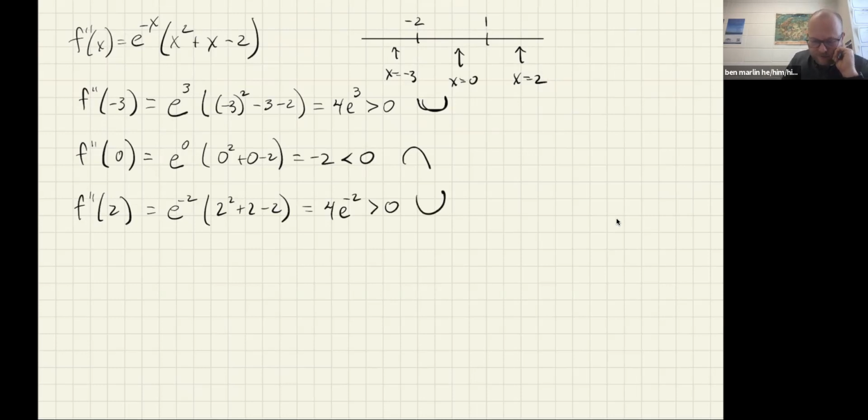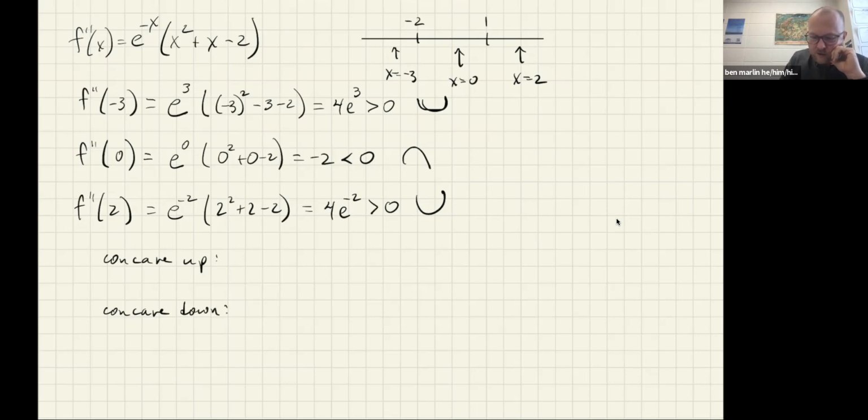So we have to think about where it's concave up, and where it's concave down, okay?